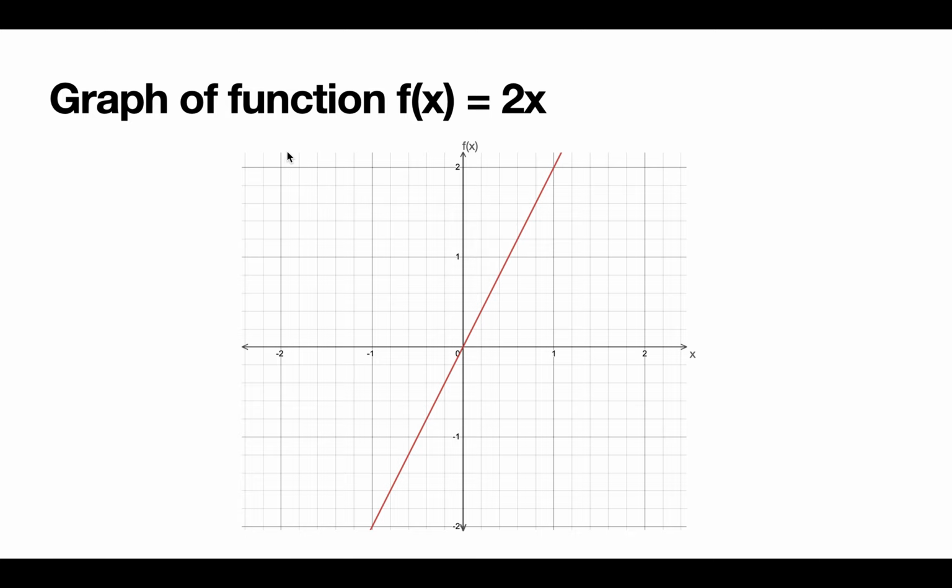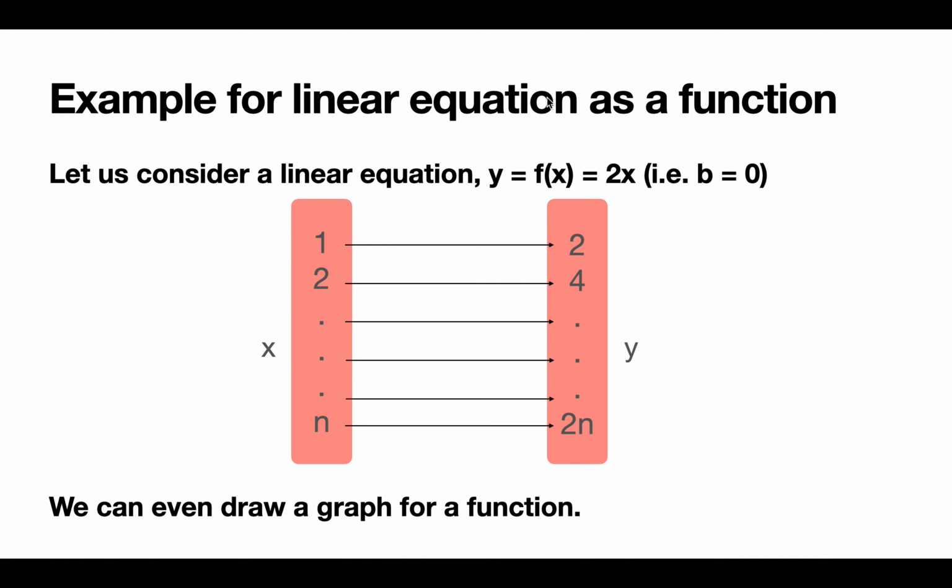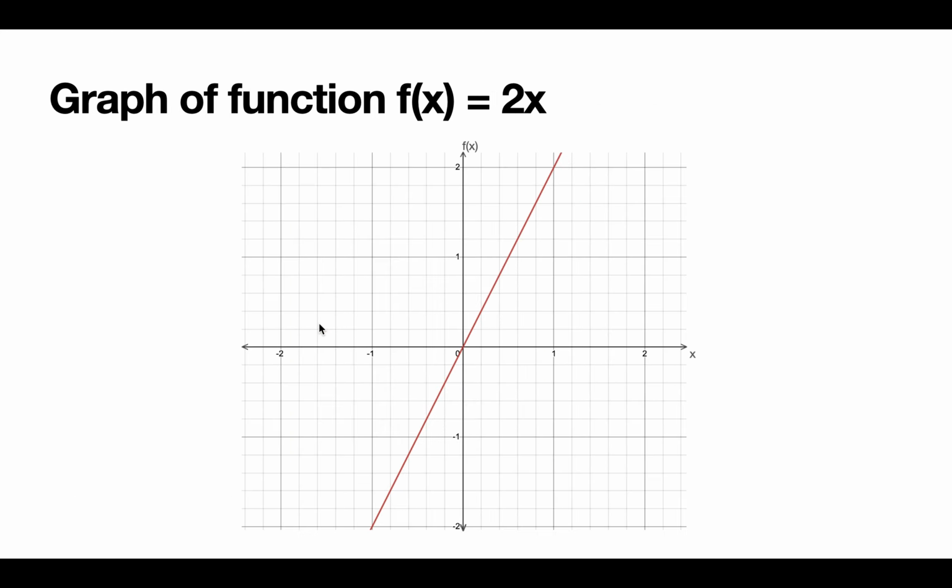If you see here a graph of function f of x is equal to 2x, the previous one which I showed, 1 is related to 2, 2 is related to 4. When I take each value here, it is related to 2 times it. When I put x as 2, it is related to 4. It goes on endlessly.